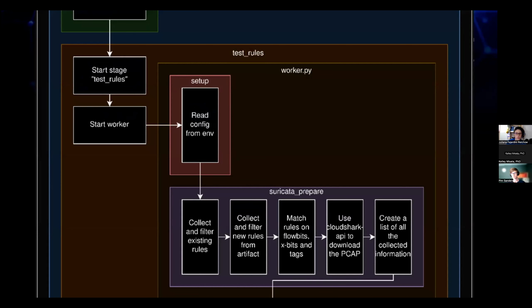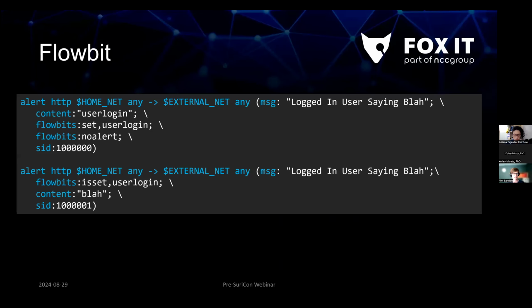This is needed to make sure that Dierentuin and Zoo have a rule set that has the best chance of working. For example, some rules make use of flowbits, like this and this. For the second rule to be able to pass, the first rule needs to be in the same test suite. Otherwise, the flowbit won't be set and it will never alert.